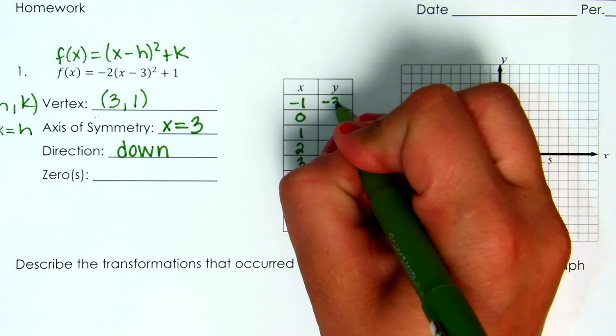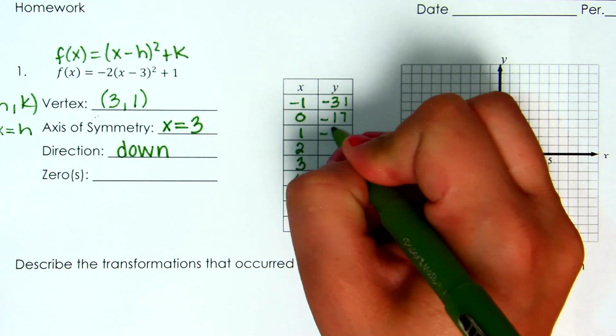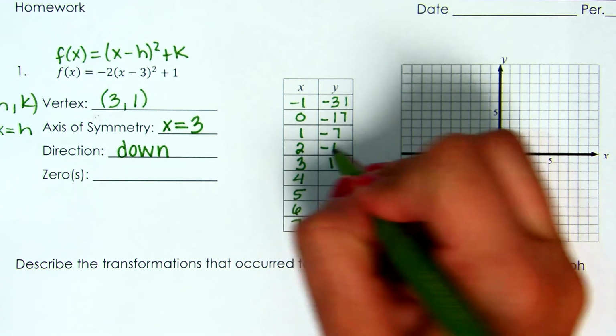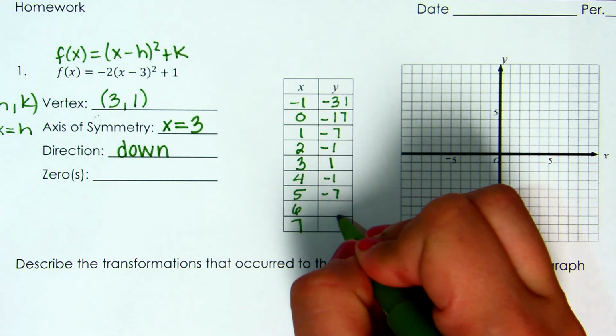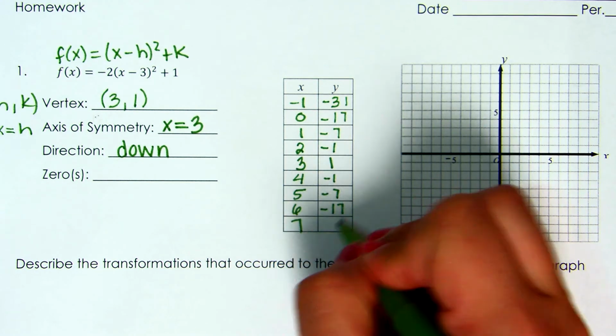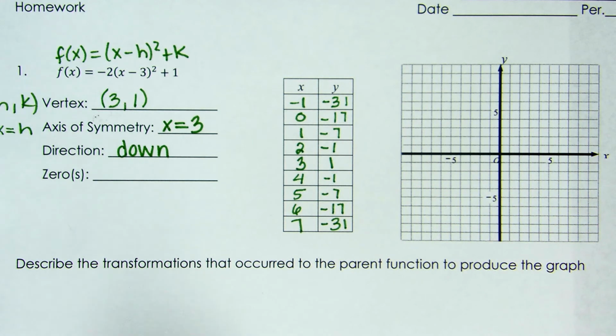Negative 1 is negative 31, 0, negative 17, 1, negative 7, 2, negative 1, 4, negative 1, 5, negative 7, 6, negative 17, 7, negative 31. So now I am looking for my zeros. On day 2, you saw examples of zeros that weren't whole numbers.